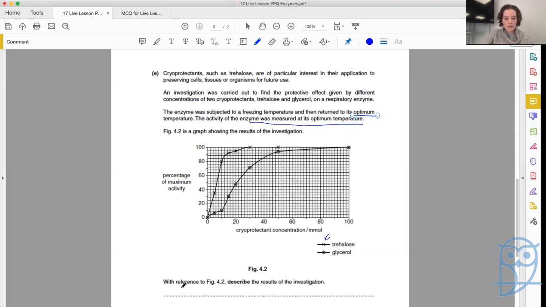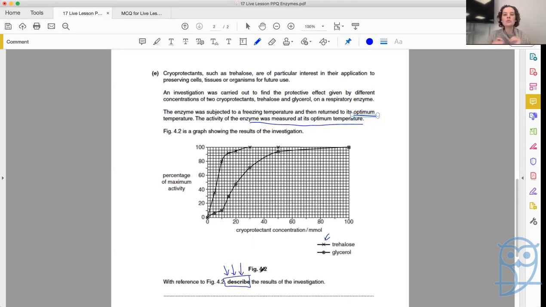So next bit, with reference to figure 4.2, describe the results of the investigation. See how they even put the describe in bold. Describe the results of the investigation. Not describe and explain, just describe, which means it went up, it stayed flat, it was 0, it was maximum, this was higher than that one, this was lower than that one.